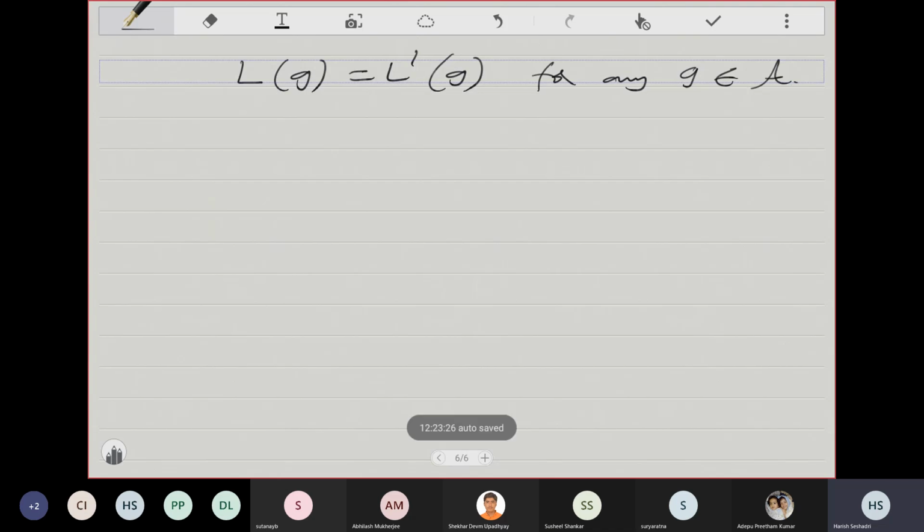I mean, there's not much to check. See, we've already seen that LG equals L prime G if G is a product of one variable functions. That's what I just said. But here, G is not quite a product of one variable functions. It's a finite sum of such things.